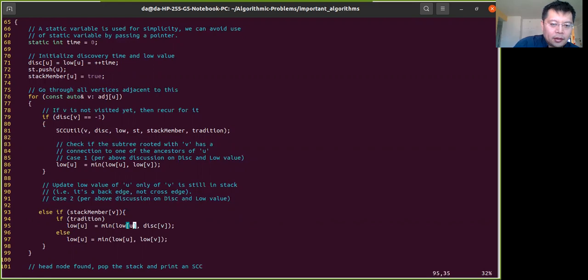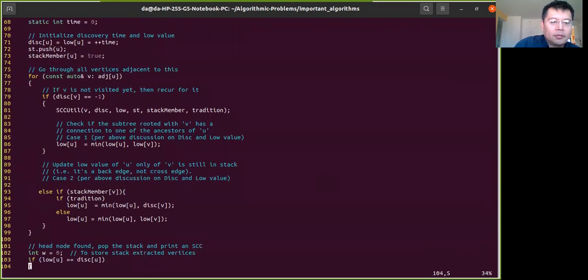The traditional Tarjan's algorithm uses line 95. And there are some arguments on the internet that line 97 should work as well. So we are going to show either one works.